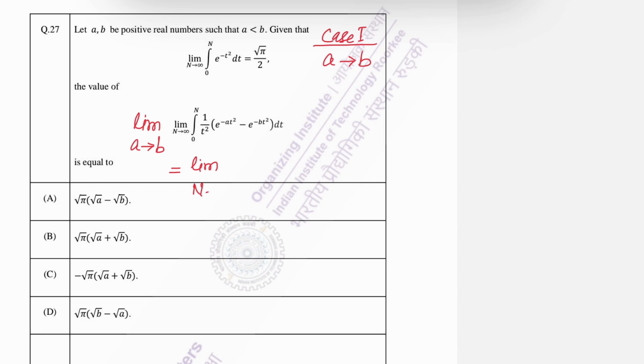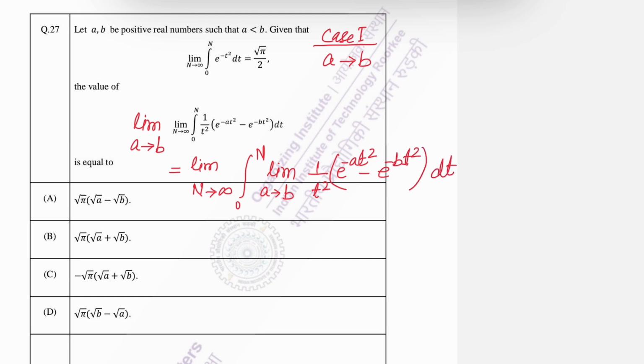Limit n tends to infinity, and here 0 to n, and that limit, you see, outside, can be written here like you see on the screen, and here e to the power minus at square, e to the power minus bt square, and dt.